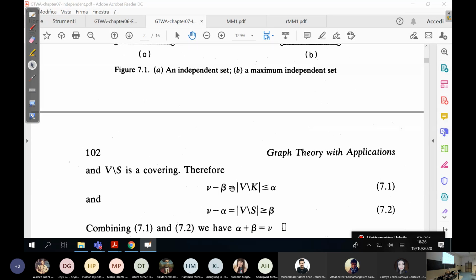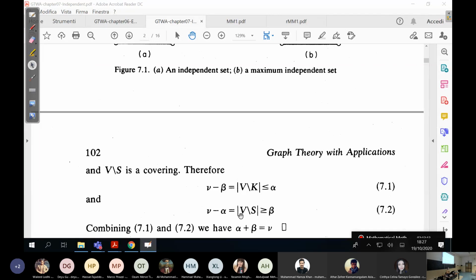And the complement V minus K has necessarily cardinality, number of elements, Ni minus beta. And what we get in V minus K is an independent set. So far we do not know whether it is maximum or not. But still, it is the number of elements in an independent set. So this number, Ni minus beta, must be less than or equal to alpha.